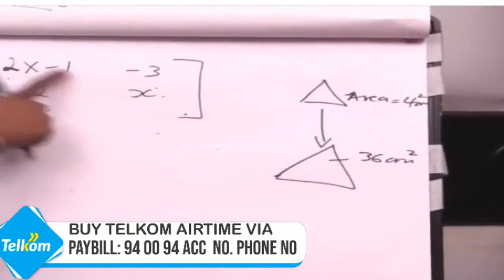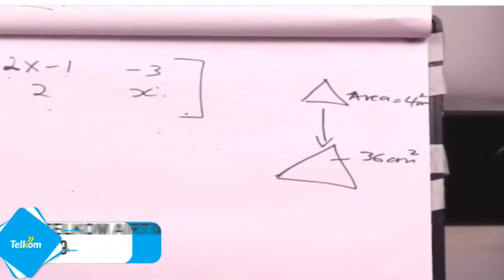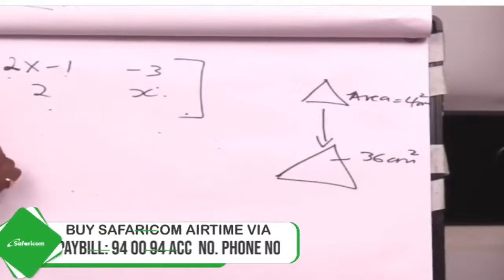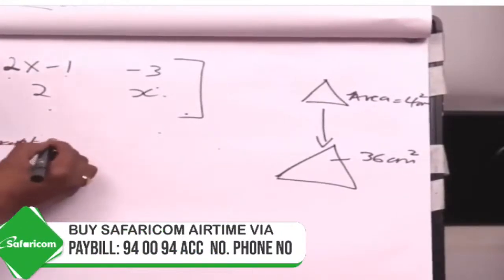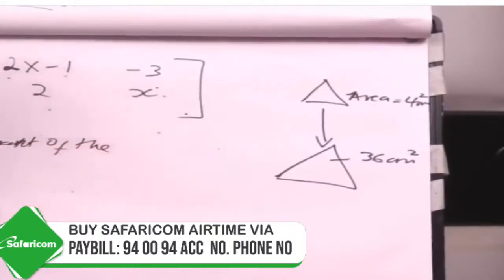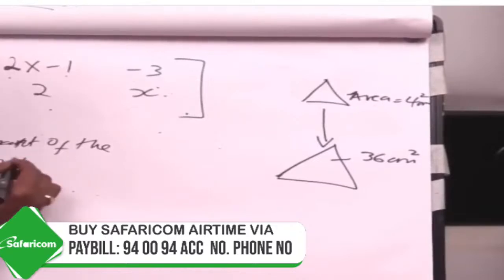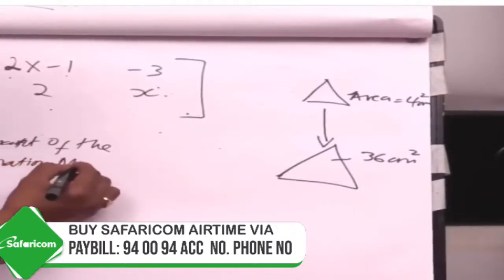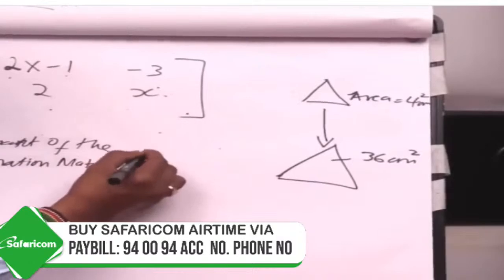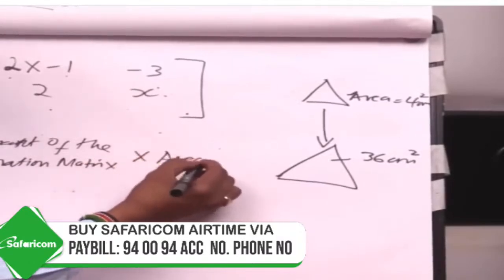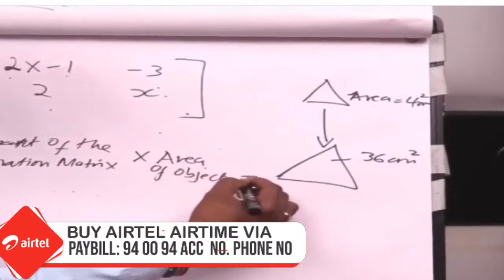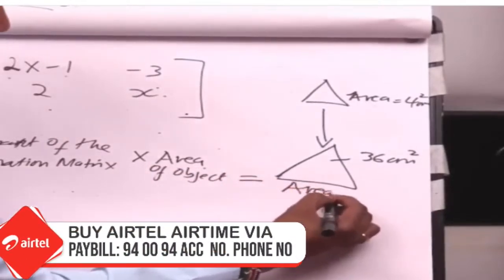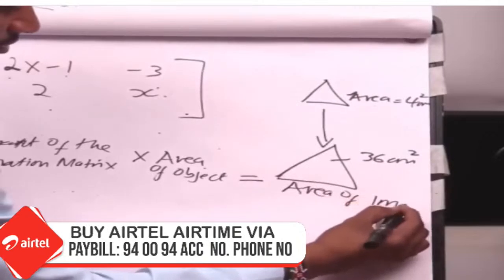Therefore, the determinant of the transformation matrix times area of object equals to area of image.